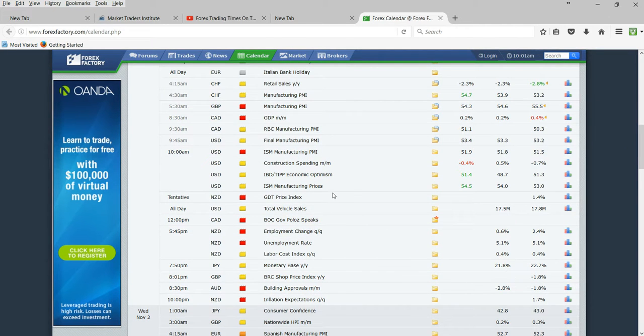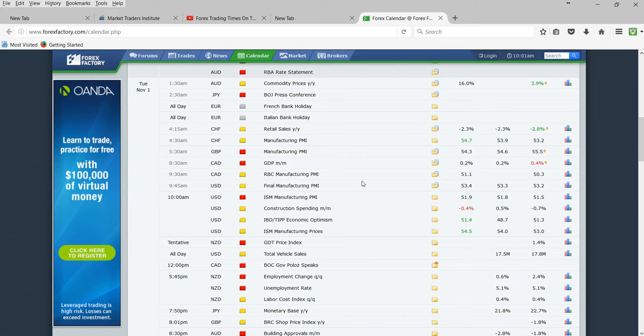You don't know where it's going to come out. It's right after this, so this could be very dangerous if you're trading anything New Zealand. I didn't realize that.